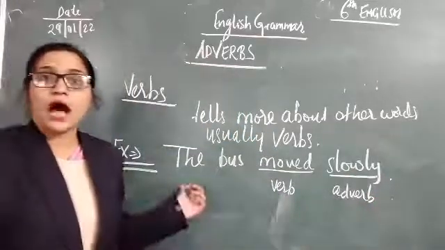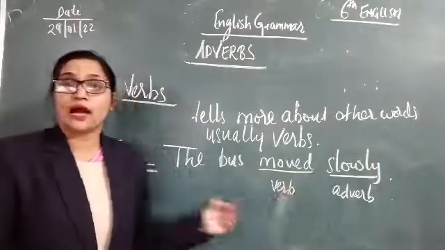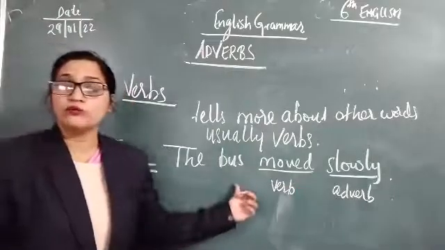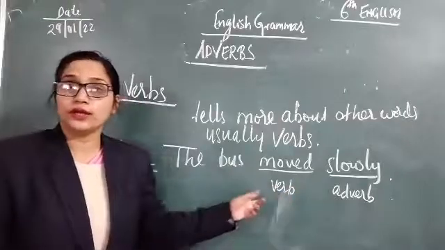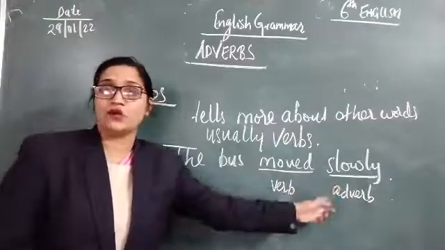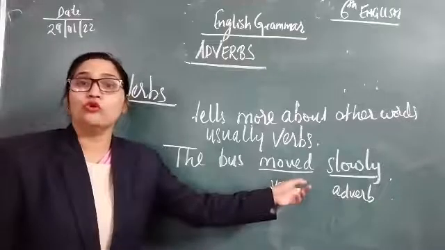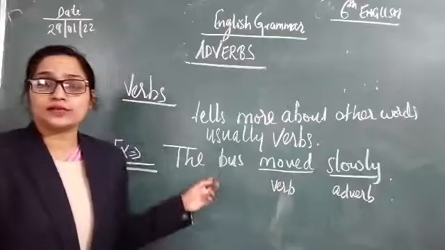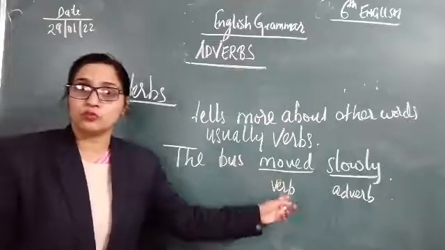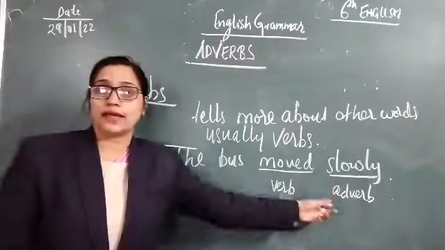So here, how did the bus move? Answer is, the bus moved slowly. So here this adverb slowly tells more about the verb moved. In this sentence verb is moved and slowly is an adverb.